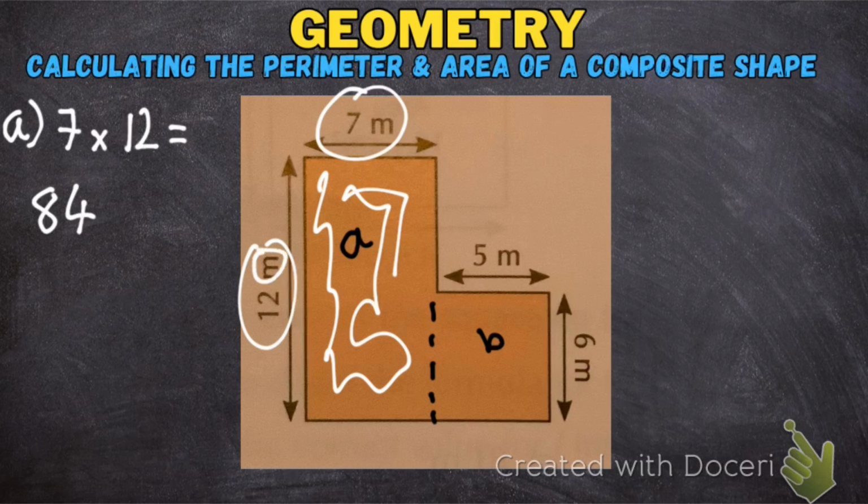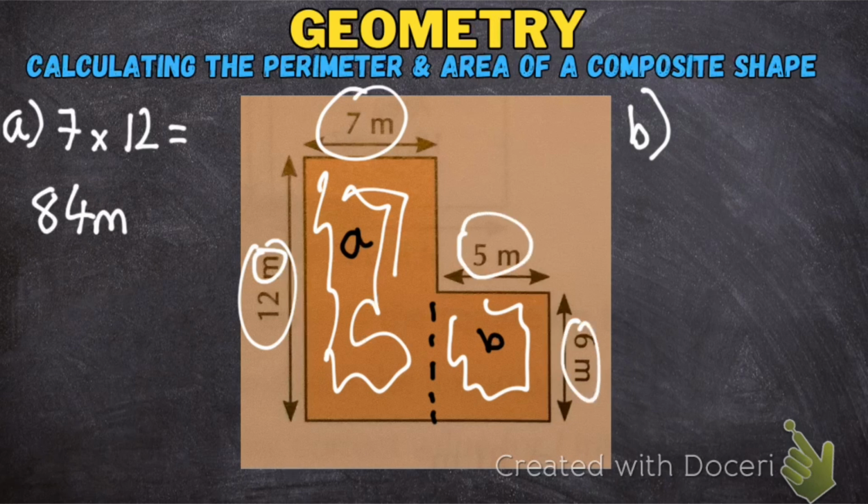And the measurements are in meters again, so 84 meters. Shape B, so the area of this bit is going to be 5 multiplied by 6. 5 times 6 equals 30 meters.